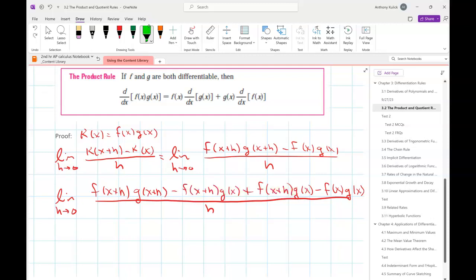Okay. So what I'll do now is break this into two pieces with a common denominator.